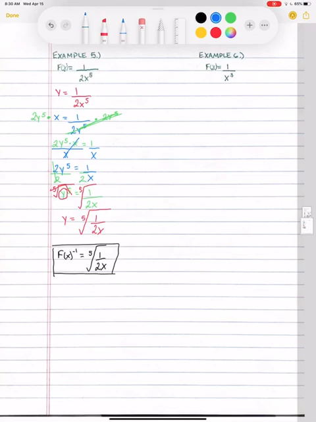Example 6. Okay, it's kind of like example 5. Trade f of x for y. Trade places with x and y. And then get y by itself. We're going to start by moving it out from underneath. And then we're going to move stuff away from it now by dividing.